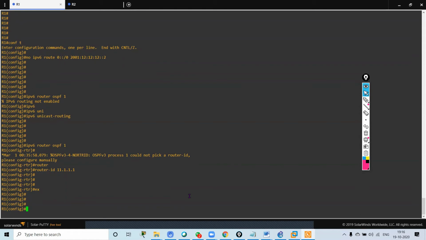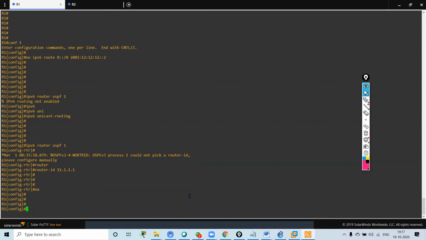Understood? Now I have enabled OSPF and I've given the router ID.